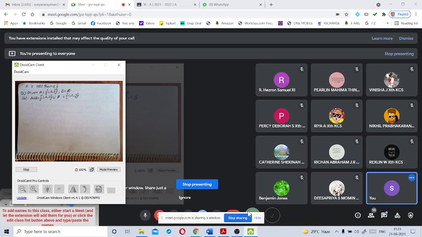And the third question, see the third question, my dear children. By observing the result of the second question, write the answer to the third question. The second and third questions are related to each other. The third question depends upon the result obtained in question number 2.